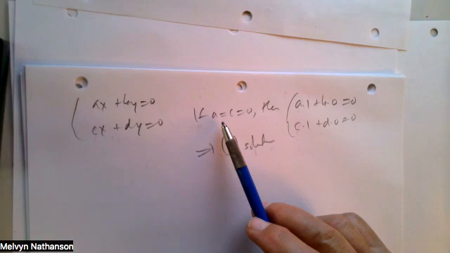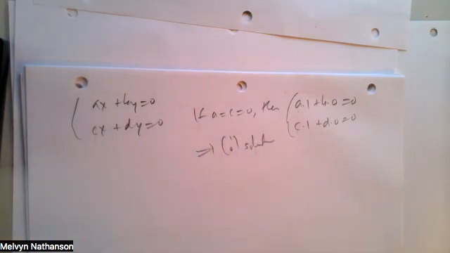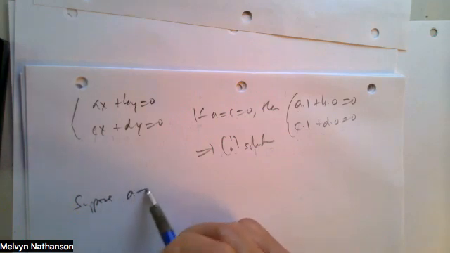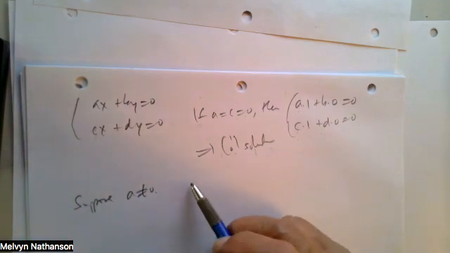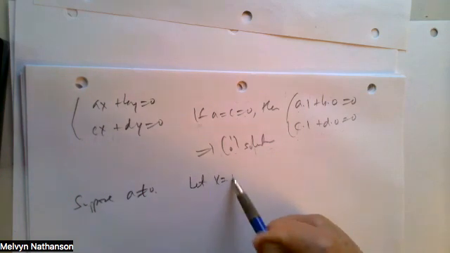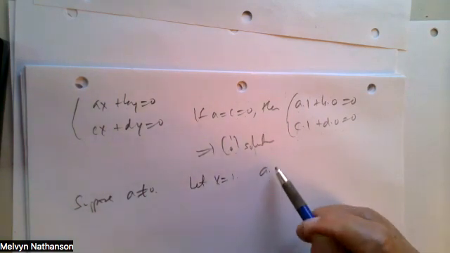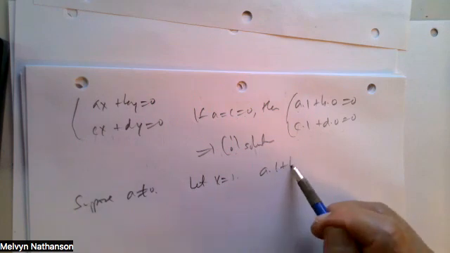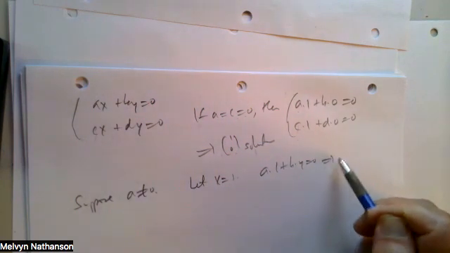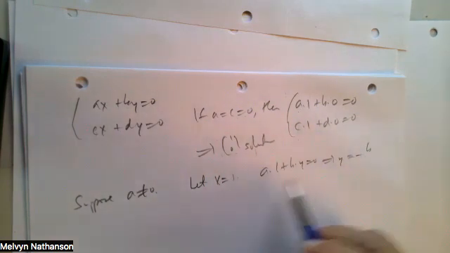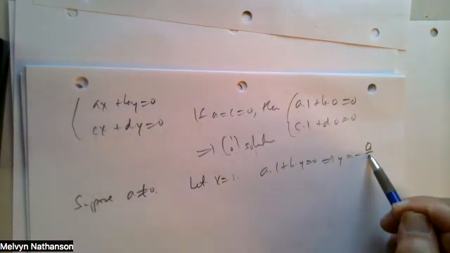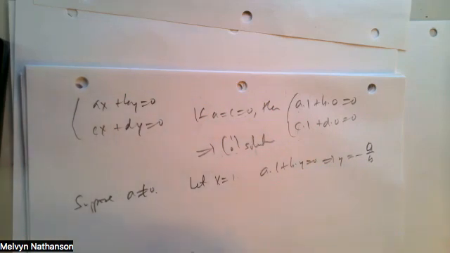So we can suppose that A and C are not both 0. So suppose A is different from 0. Just as an experiment, let X equal 1. Then the first equation would say A times 1 plus B times Y equals 0. So Y would have to equal, solving for Y, minus A over B. What do we get in the second equation?